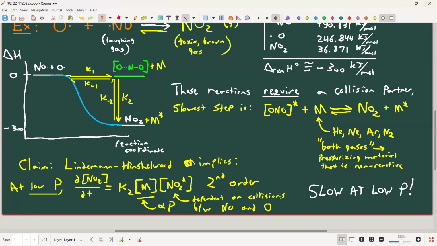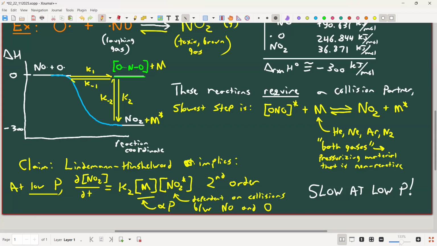Okay, well, that's good. That means it should be even faster, right? It's even more downhill. You're going to roll down that hill even more. Wrong. Because at higher temperature the change in energy increases, the gap gets larger, which means that your collision partner needs to remove that much more energy. And it turns out that it becomes less efficient at higher temperature.